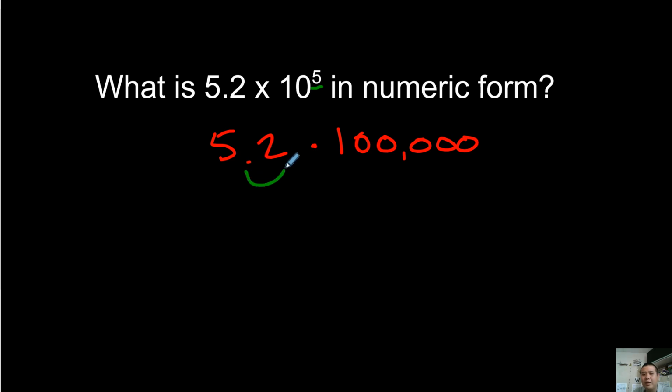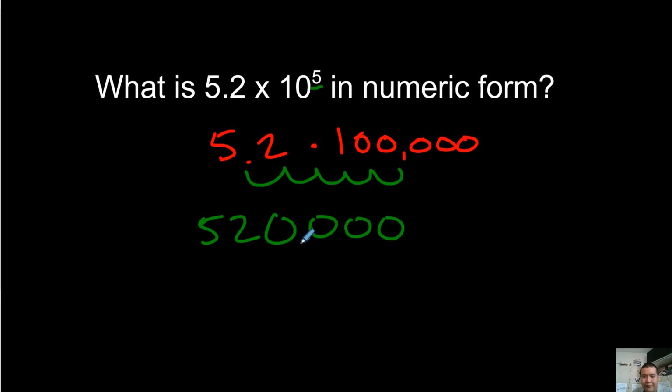So 1 time, 2 times, 3 times, 4 times, 5 times. When we do that, we go 5, and then we move the decimal over once, so we have 52. Then another time, that's twice, 3 times, 4 times, 5 times. In numeric form, 5.2 times 10 to the 5th is 520,000.